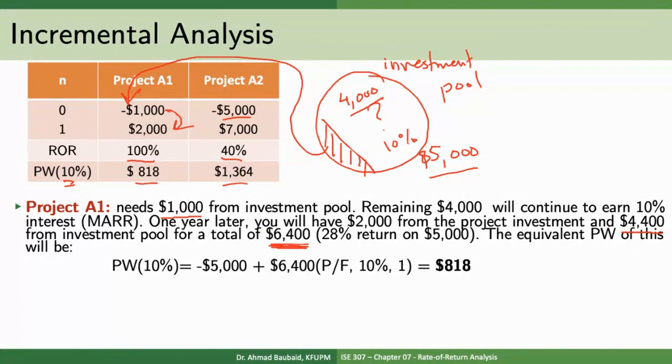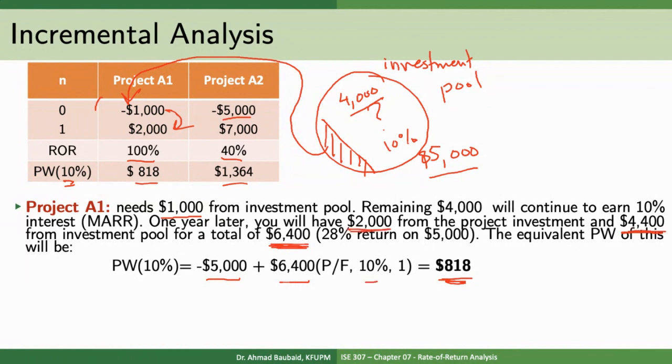Now, if you find the present worth, you can just compute the present worth at 10% of this project here, and you see that it is $818. You could do this from two perspectives. You can see here that you're investing 5,000, and then you're getting 600 and 6,400, because it is 4,400 plus the additional 2,000.